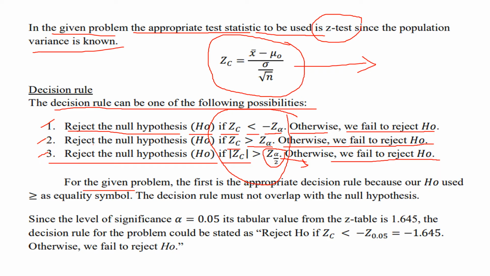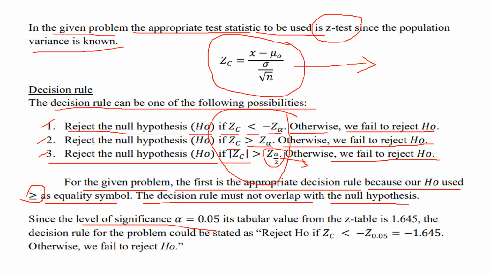So for the given problem, the first is the appropriate decision rule, because our H0 uses the symbol greater than or equal to as the equality symbol. The decision rule must not overlap with the null hypothesis. Since the level of significance is 0.05 or 5%, based on the C table, we can get the value of 1.645.